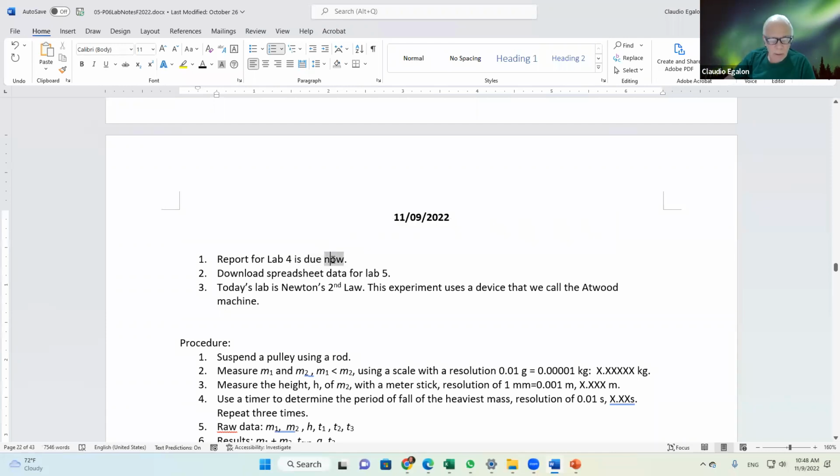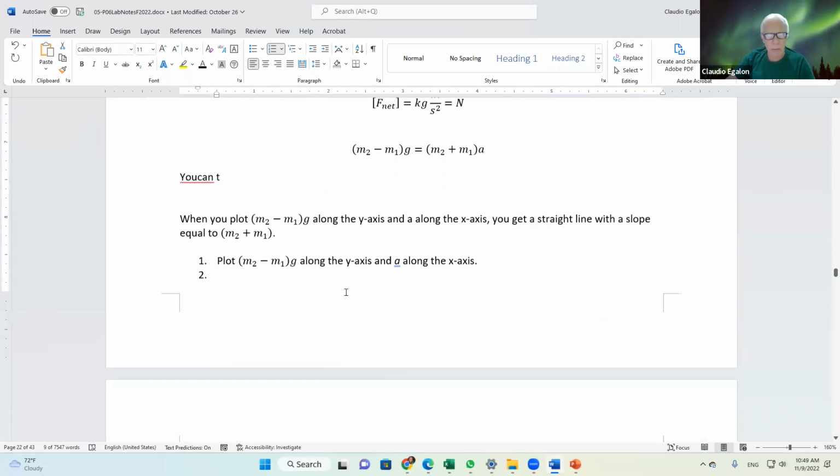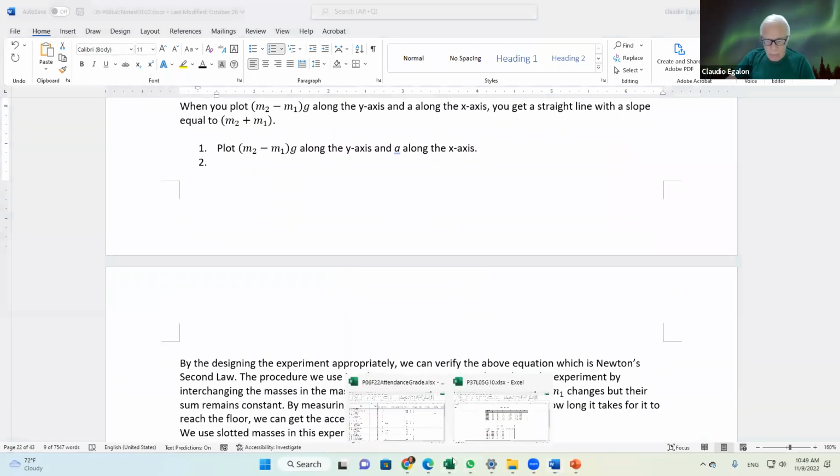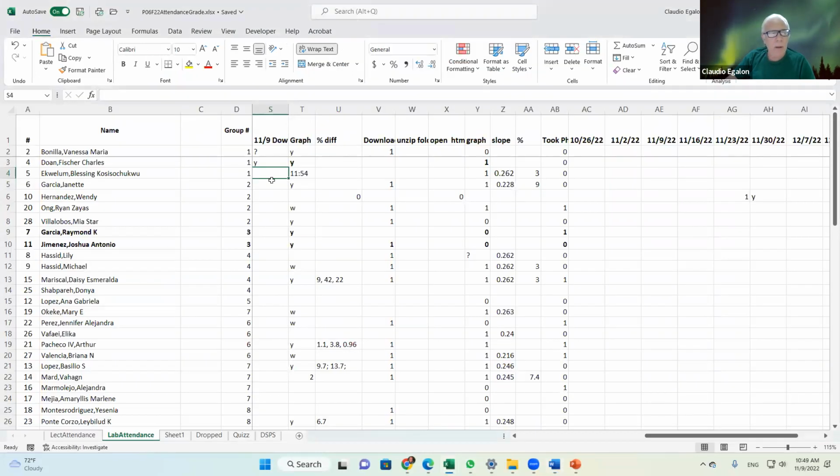Let's do next week. Since I didn't correct lab 2 and 3 yet, I usually give a little bit more time for the other lab. So if you want to tweak a little bit your report for lab number 4, you can do that, okay? So let's go for another one.